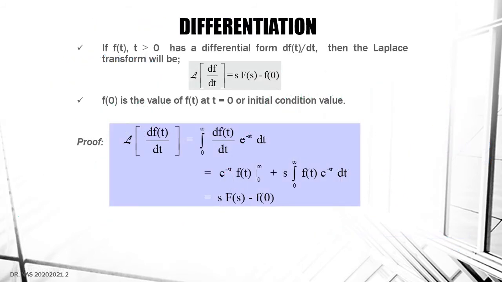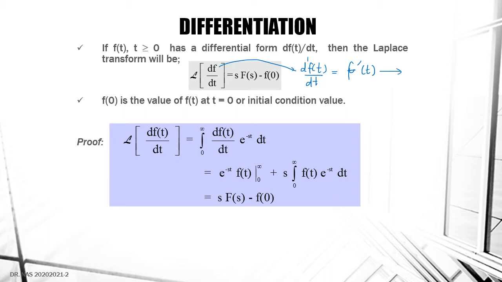Okay, the next property in Laplace transform is differentiation. If you refer to the table, if you have a function df over dt, it will produce sF(s) minus f(0). This df(t) over dt can also be represented as f prime of t. When you have f prime of t, in the s domain, this is to the power of 1.